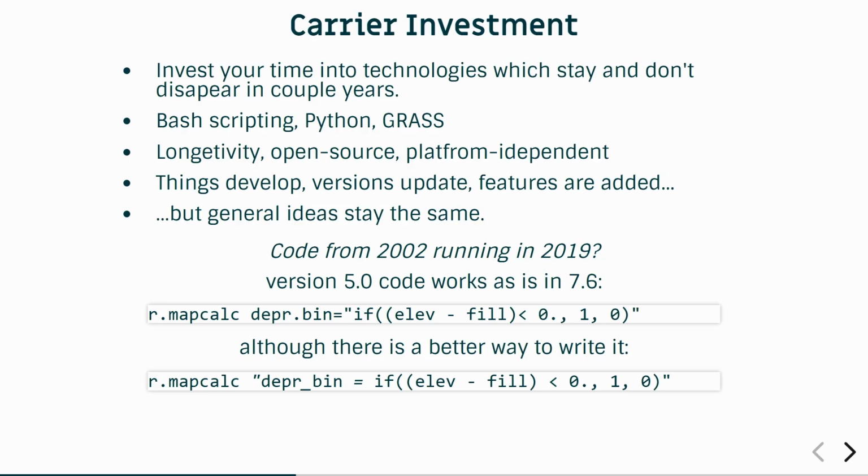That's more based on what is also done in Python and influences like that. But other than that, the expression is the same, and even the original expression would still work. So this is something you get with Grass. There are other functions in raster algebra which were added since then, so you can use more, but the old stuff continues to work.